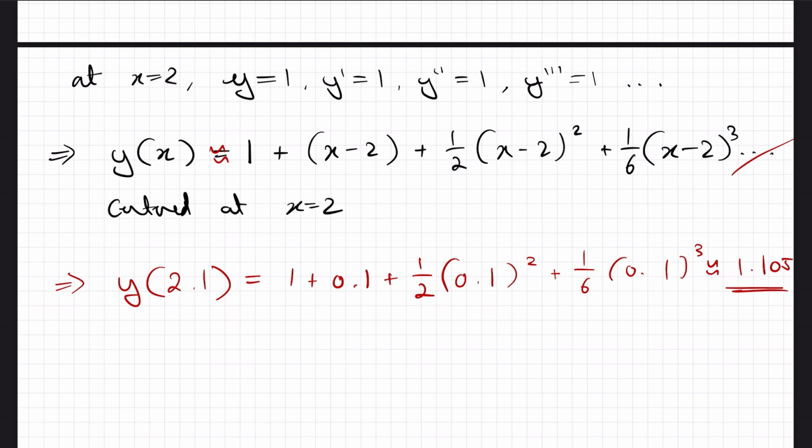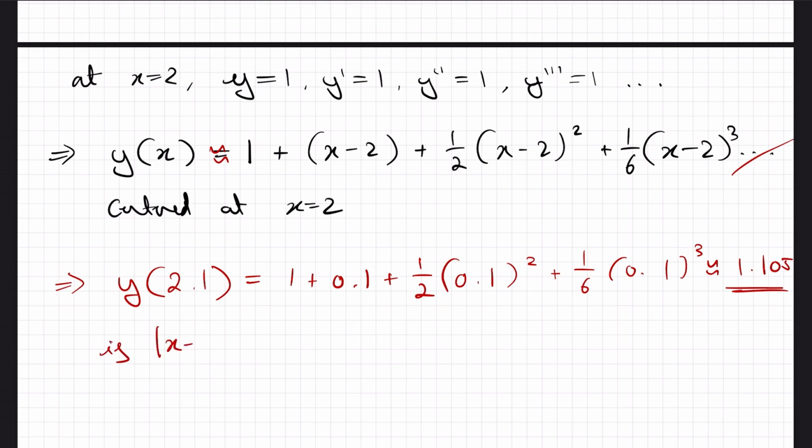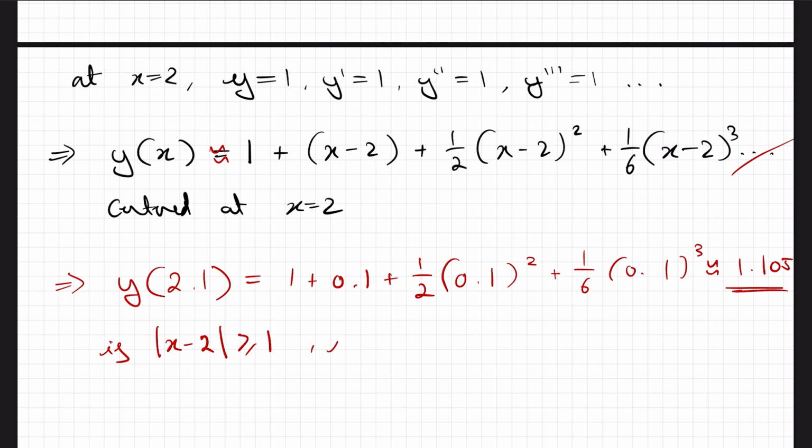Okay, so that's all fine, but where does this break? Well, you can see as these terms go on, the powers get bigger. If the modulus of x minus 2 is greater than or equal to 1, then y of x will diverge. So we won't be able to get a solid answer.